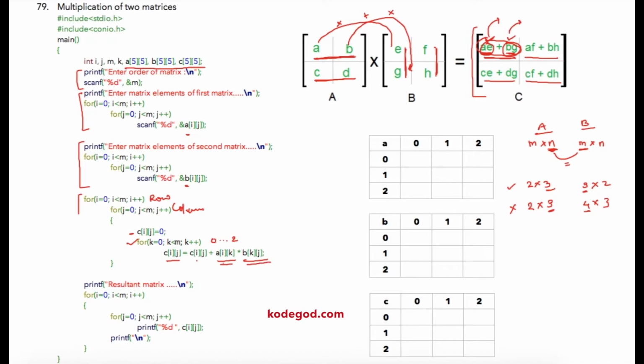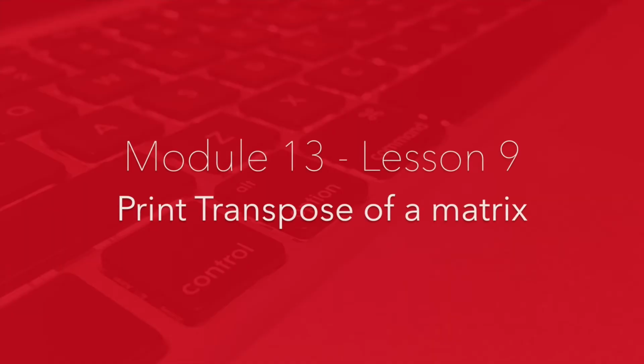So these will be my iterations of k. These two results will be added on each iteration, and that will give me the first element of the third matrix. The same process will continue for the second element, then the third element, and then the fourth element. After this multiplication is completely performed, we are going to print the resultant matrix using this code block.